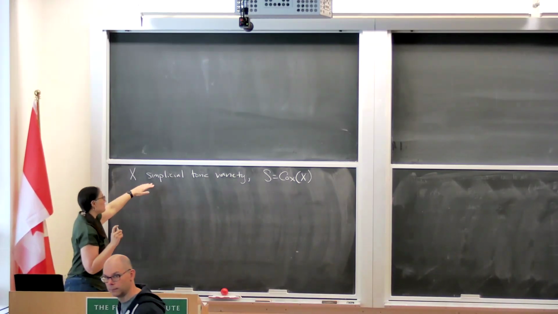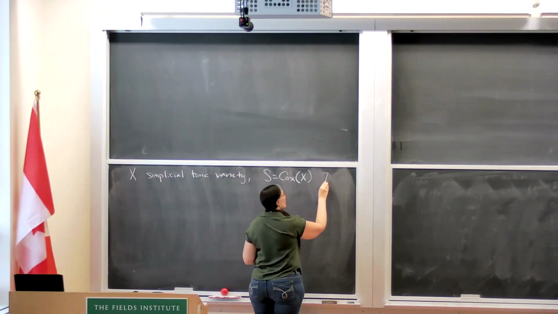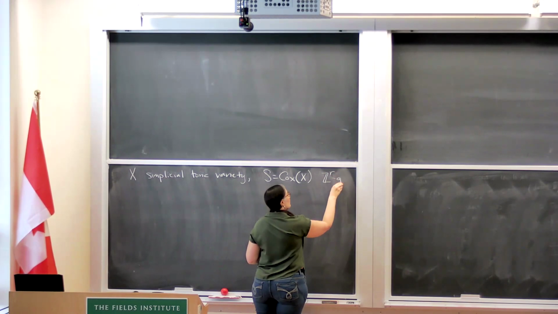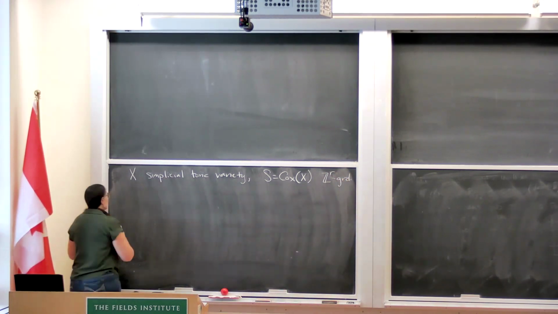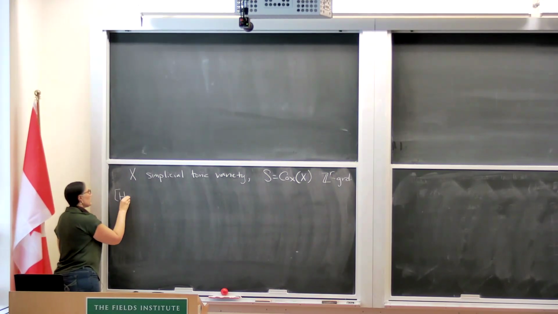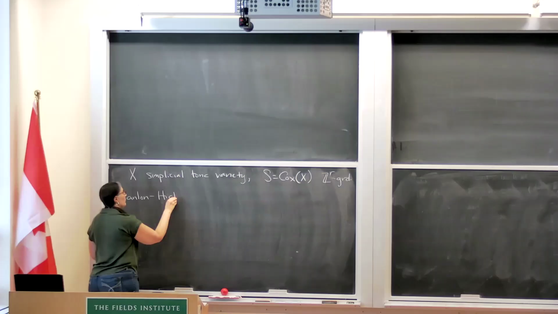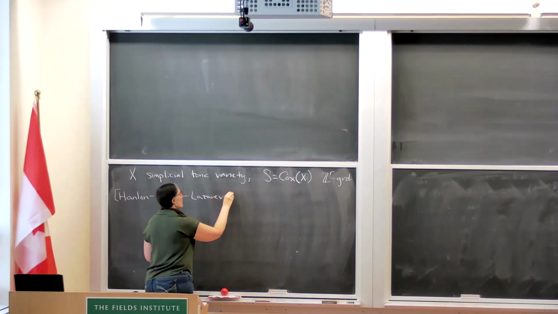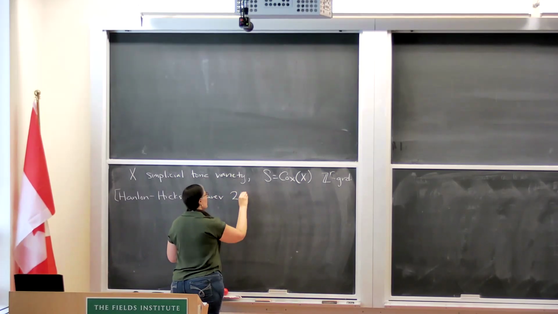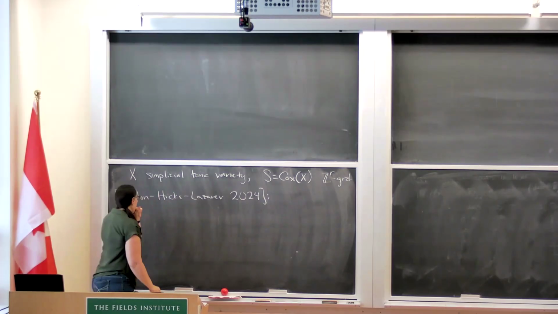So we have our simplicial toric variety, so we have some Z^r grading, the Z^r graded ring. And there's a theorem that's very recent. It first appeared on the arXiv just over 2 years ago, but it appeared last year, in 2024, in print.